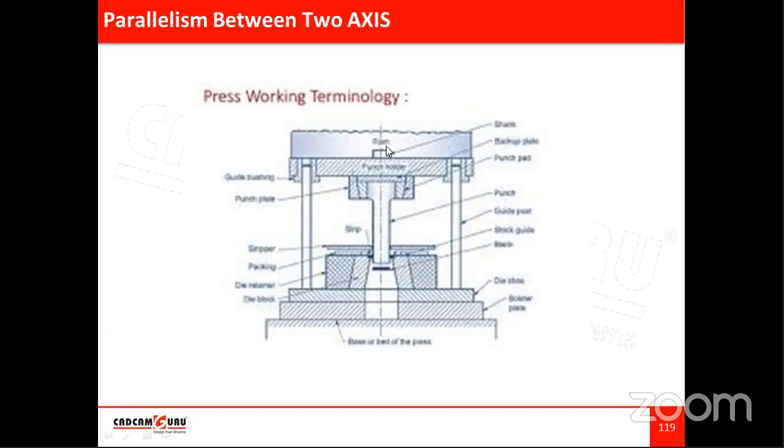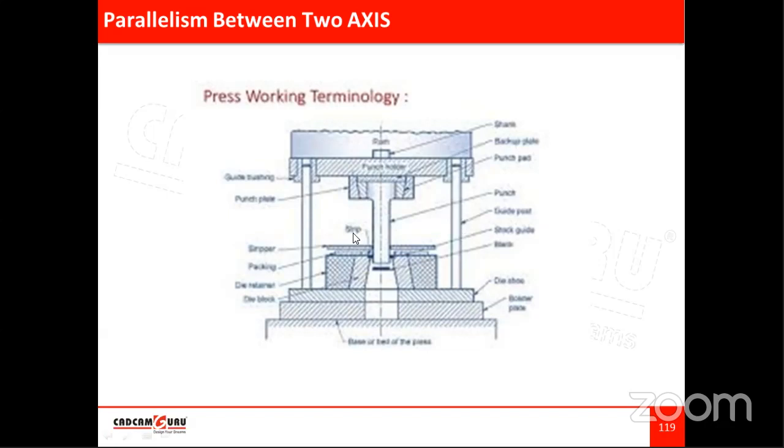This will get shifted and aligned with the axis of the die. So the operation will be proper, and it will create a proper hole. To maintain that alignment, these guide pillars should be parallel to each other. We are expecting parallelism between the axes of the guide pillars.